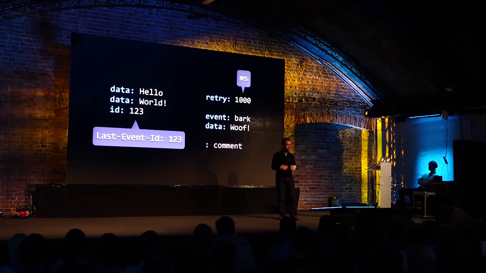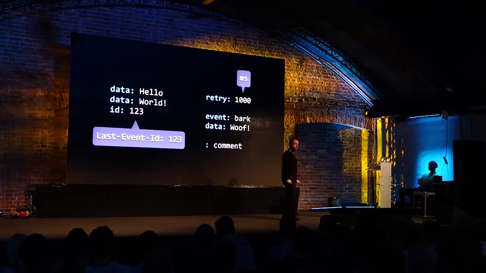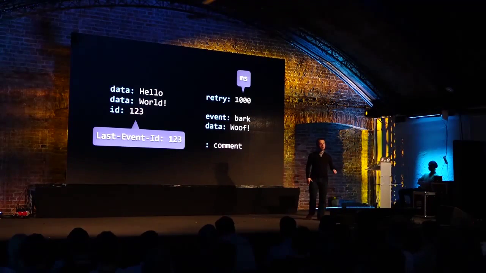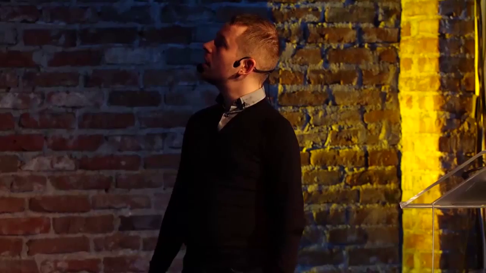So when the browser loses connection and reconnects again, the browser will send the HTTP header Last-Event-ID, so you know which was the last message that the browser has received successfully, and you can continue streaming new messages. You don't have to resend the old messages. Or in a chat, instead of an ID, you could put a timestamp to know when to send new messages to the user instead of resending the whole chat log.